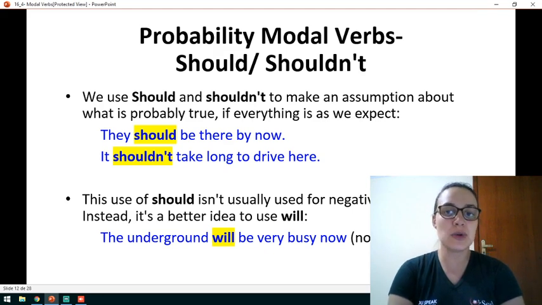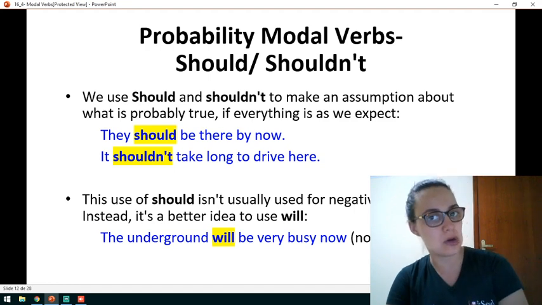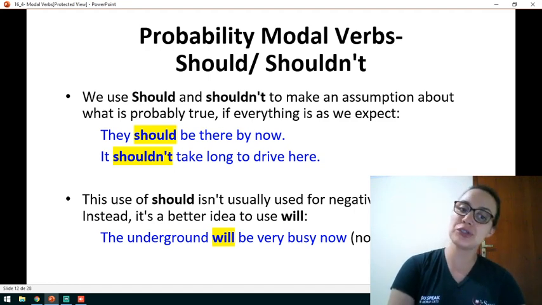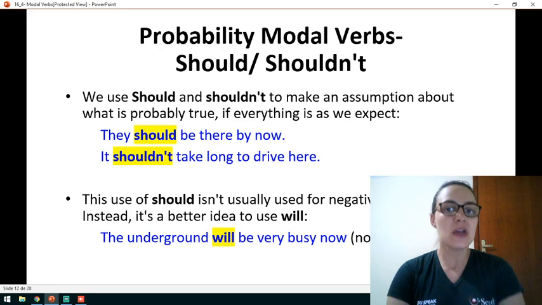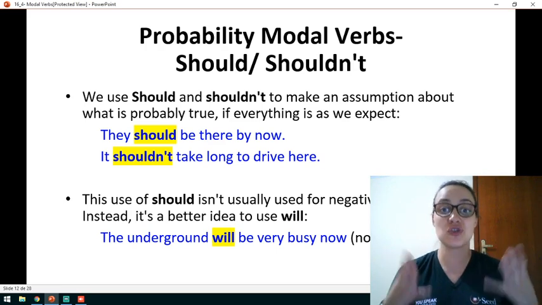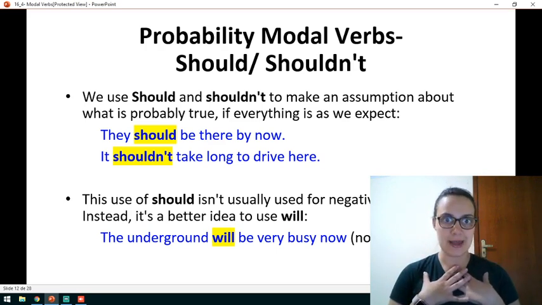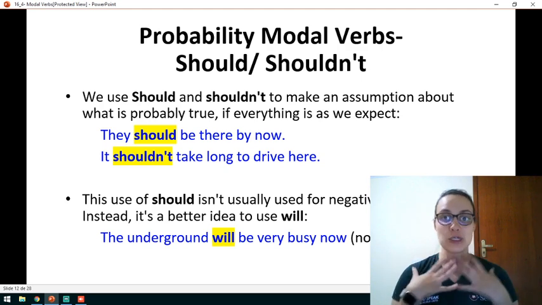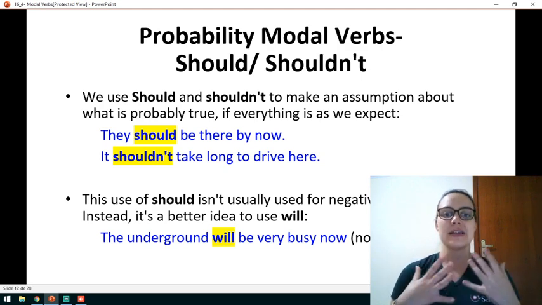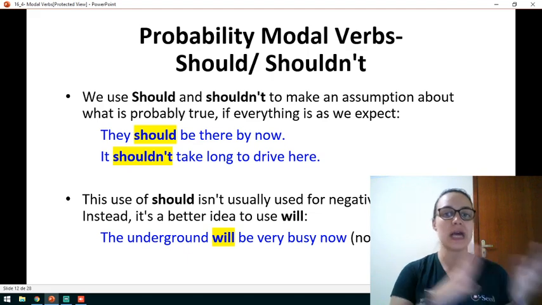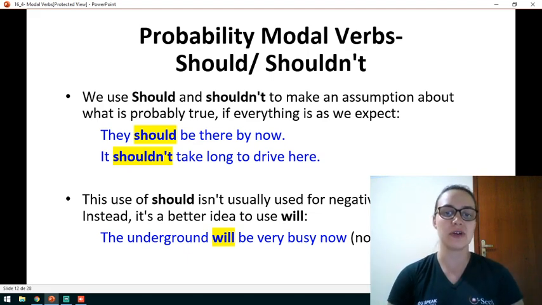So we can use it with should as well. For example, I think you shouldn't smoke. Or I think you should eat healthier food. So when we want to really stress our opinion and make it known that it's something that you feel, that it's your opinion, then we can use I think before the modal verb. Good.